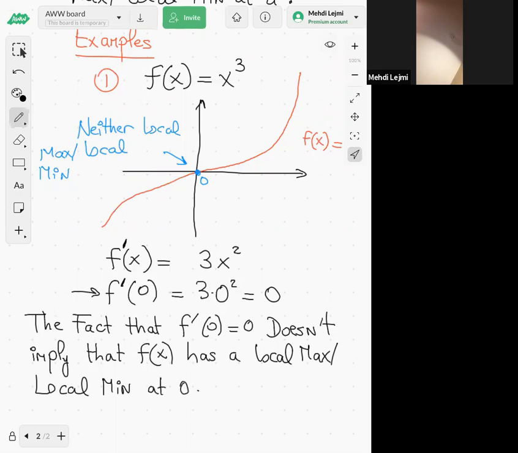And you can see it from the graph of x cubed: 0 is neither local maximum nor local minimum.